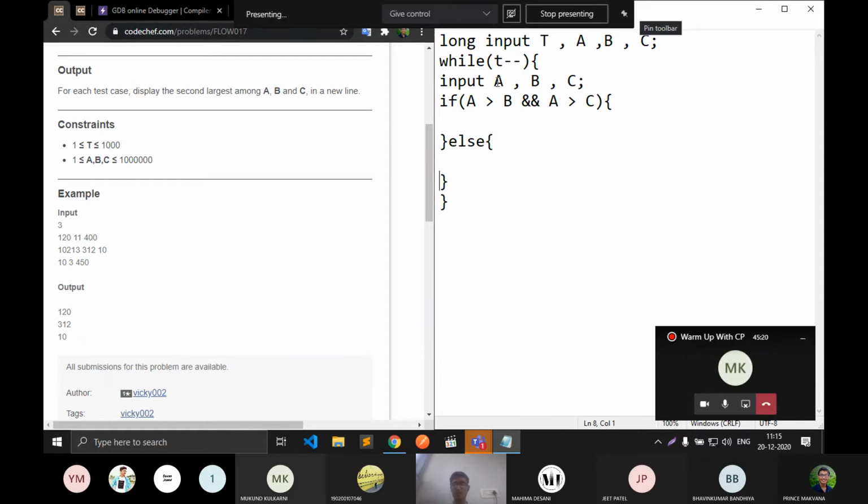If a is not largest, then b or c is largest. I assume b is largest, so b is more than c, okay. Or else, in this section, c is largest.